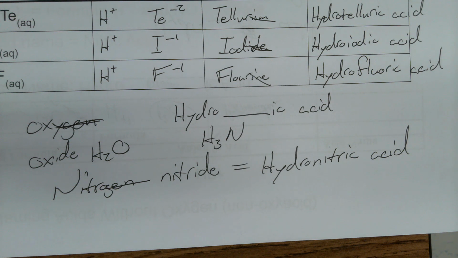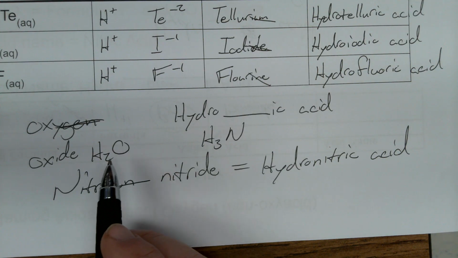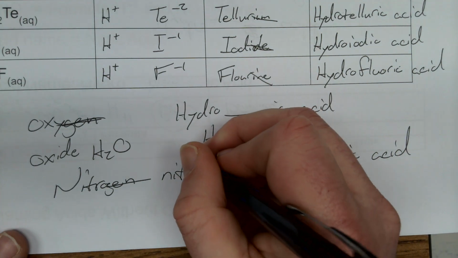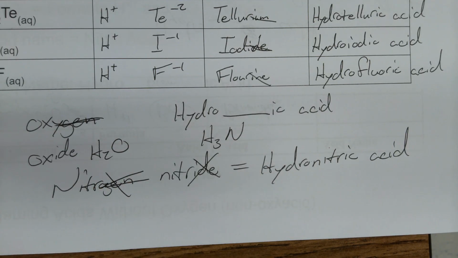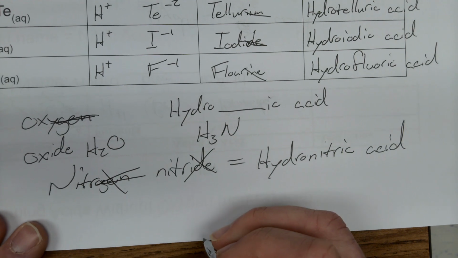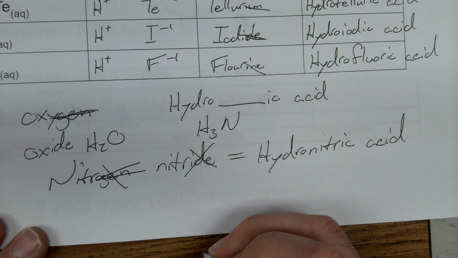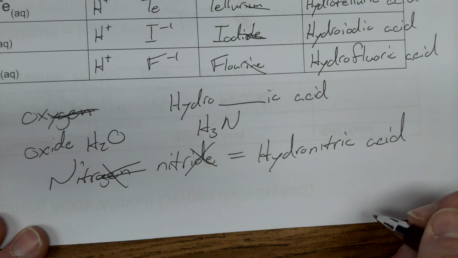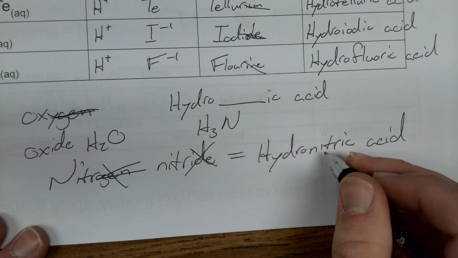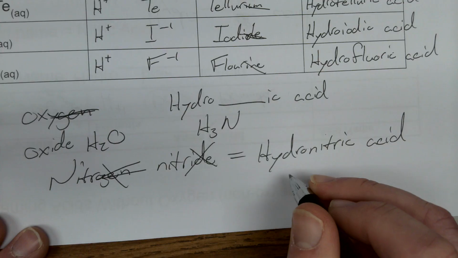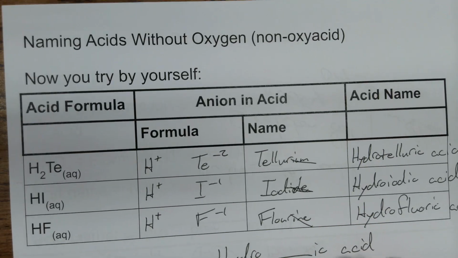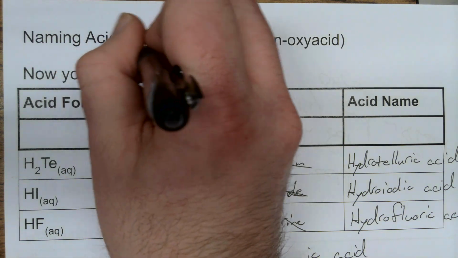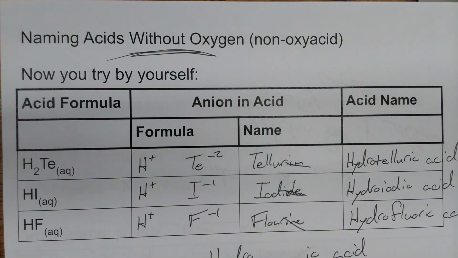If I'm thinking about it in ionic terms, the nitride, cut that off. Nitrogen, I cut off the last four letters. Always going to end in ic. Hydro, whatever's left of the word, ic acid. That's always going to be true for our acids without oxygens.